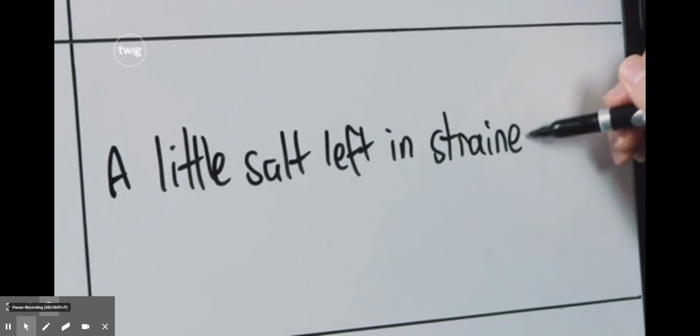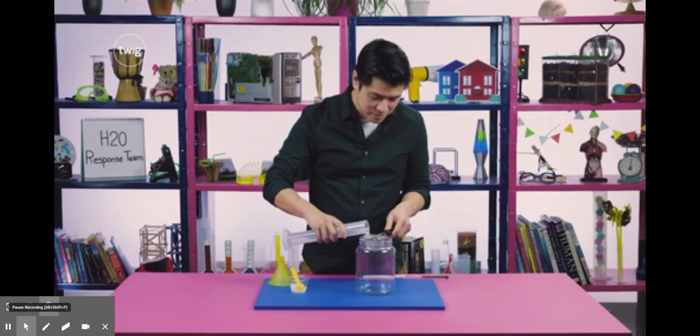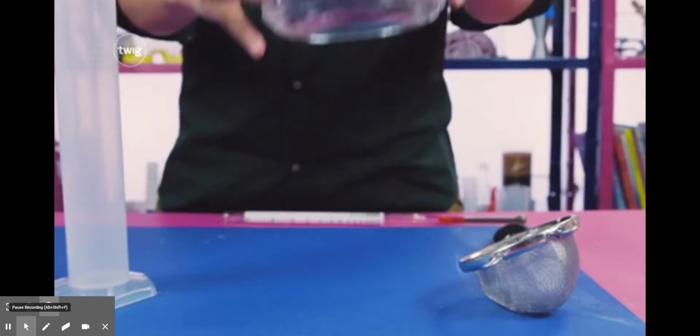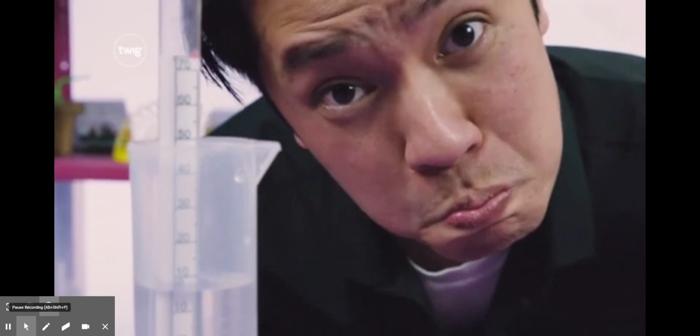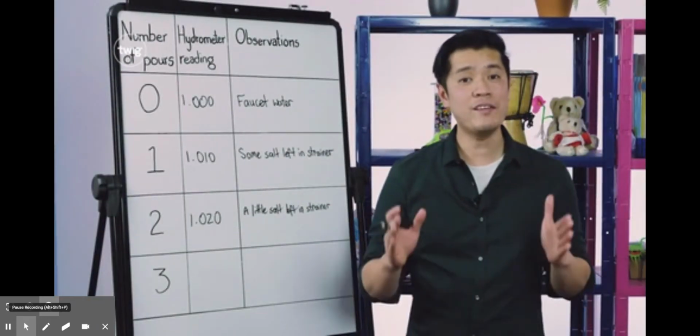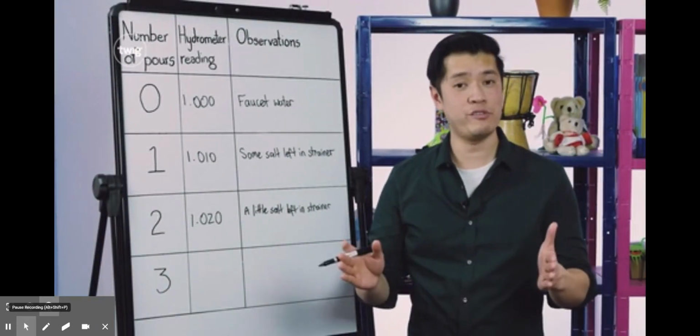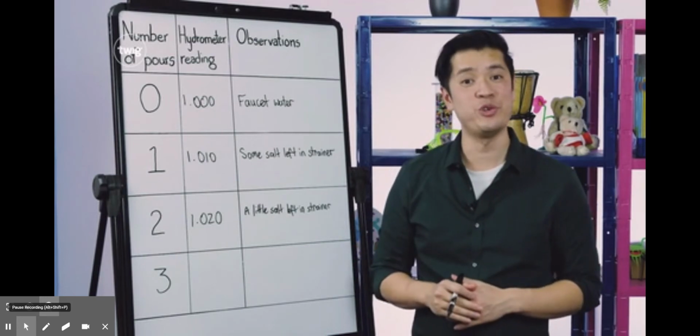There was a little salt left in the strainer. After 3 pours, the hydrometer reading was around 1.025. There was almost no salt left in the strainer.